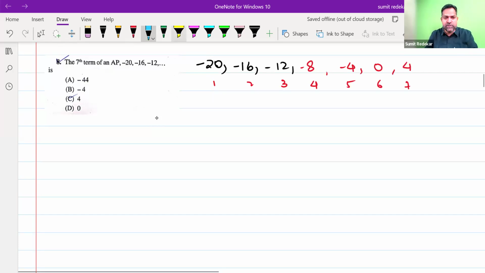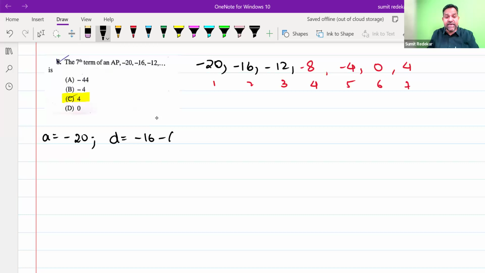What you could also do, if you wanted to solve it, is say the first term is a negative 20. The common difference is a positive 4, or if you wanted to find it, it is 16 minus of minus 20, which is negative 16 plus 20, which is 4. You want the 7th term.